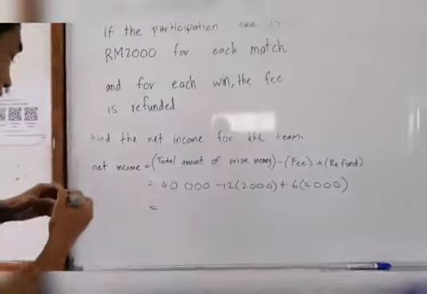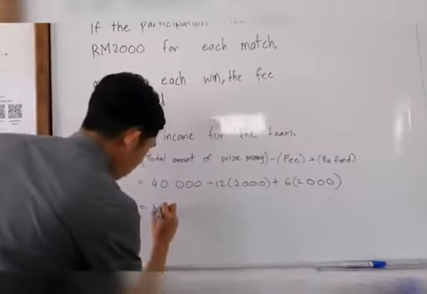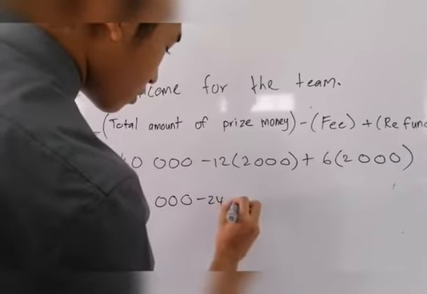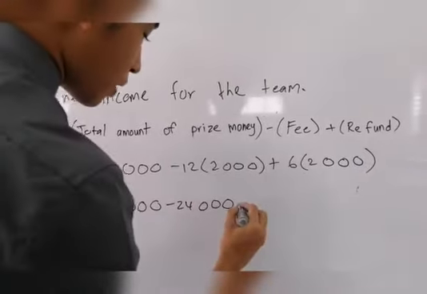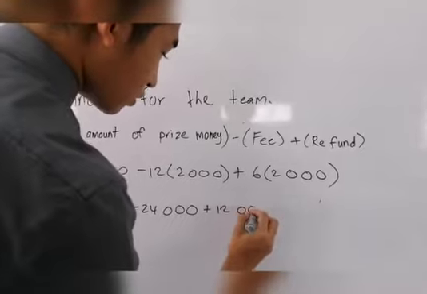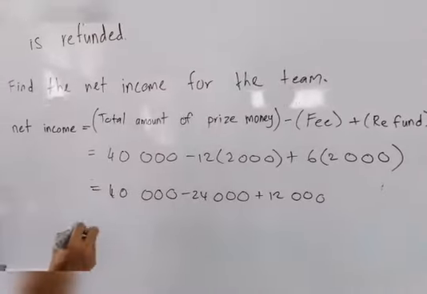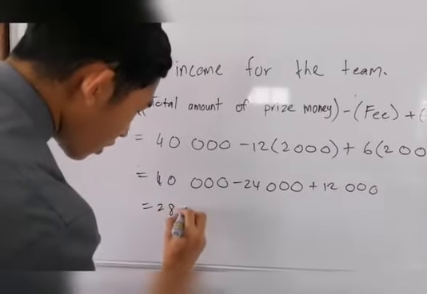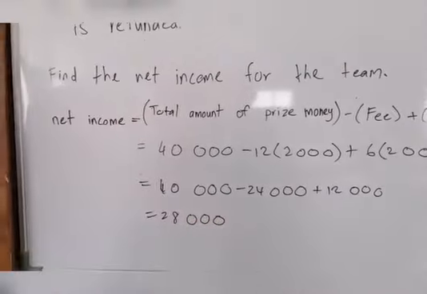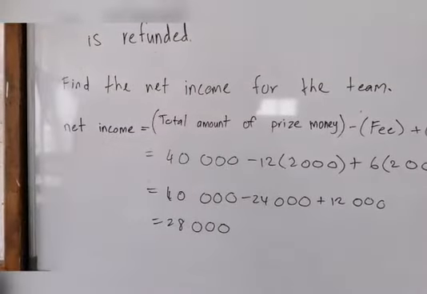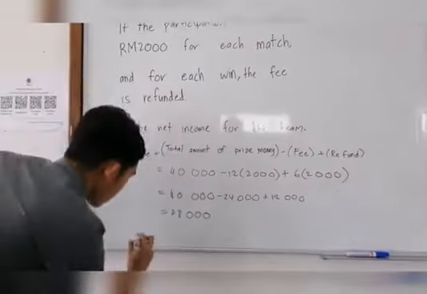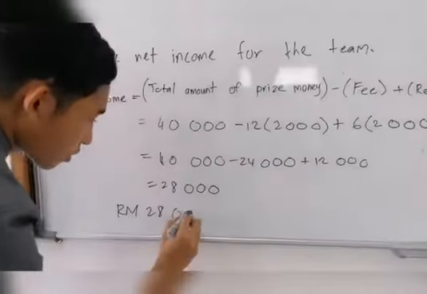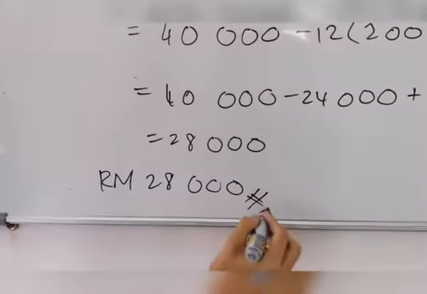So we just solve it, and the final answer is 28. So the net income of the team is 28,000.